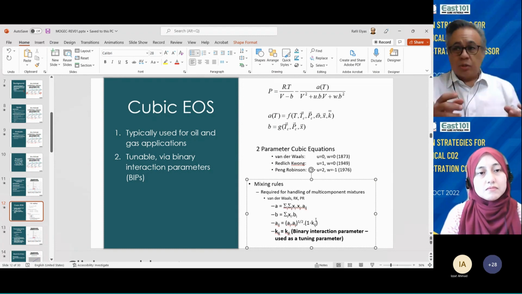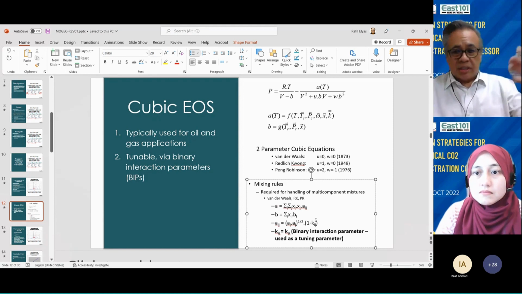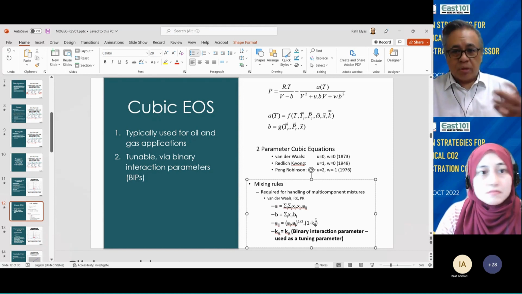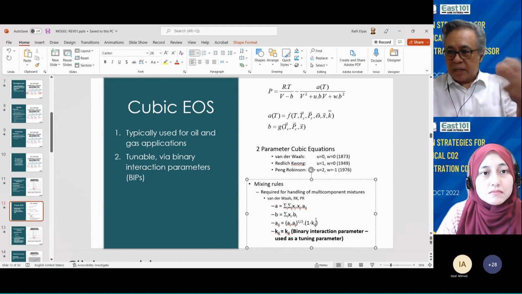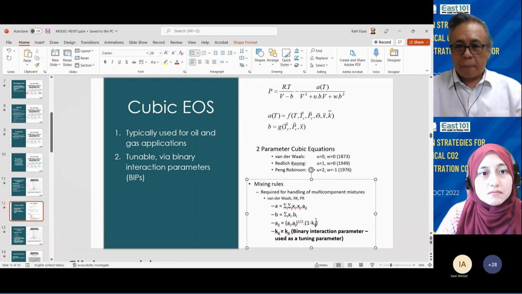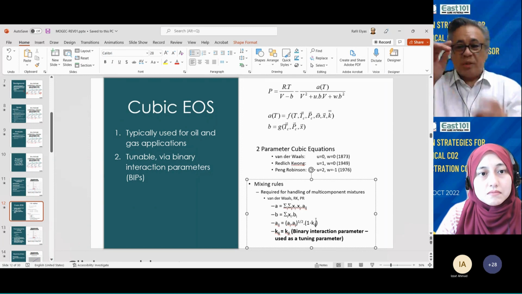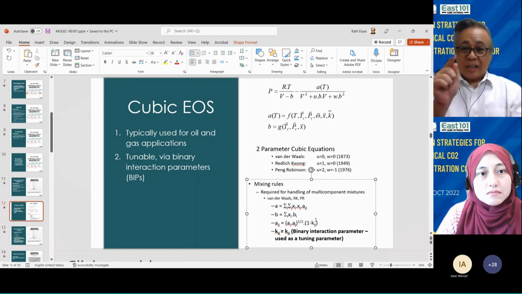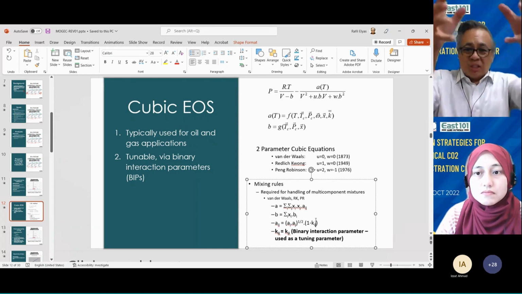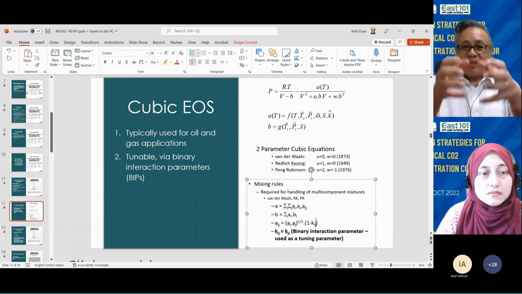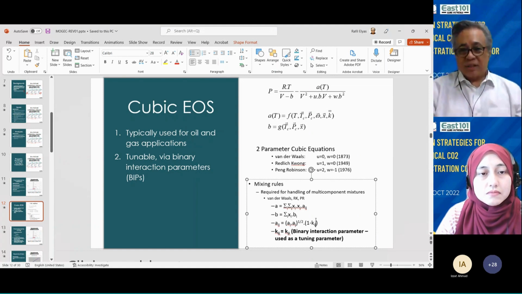You might buy the data sets from the GPSA data book or DECHEMA, DIPPR, TRC, and you have to sift through a lot of those details using thermodynamic consistency rules. You could use machine learning to select the thermodynamically consistent data from all that mess of data.